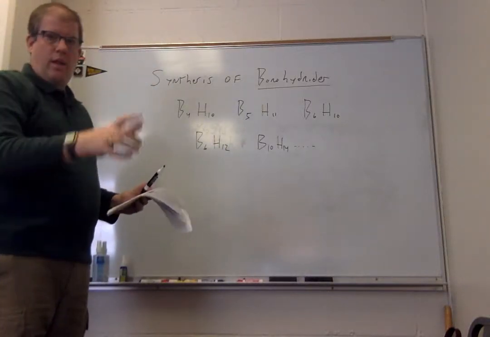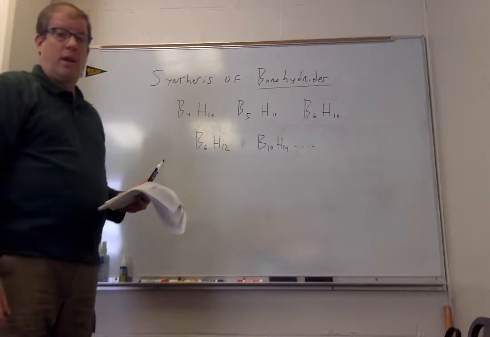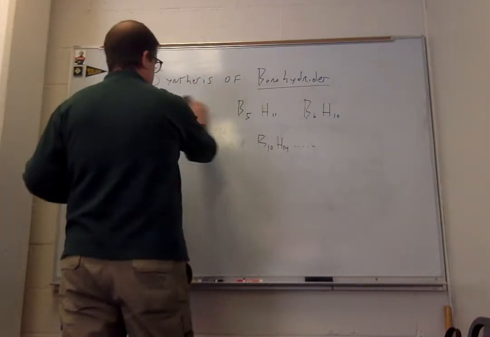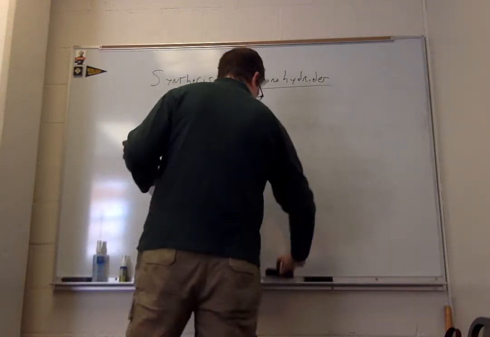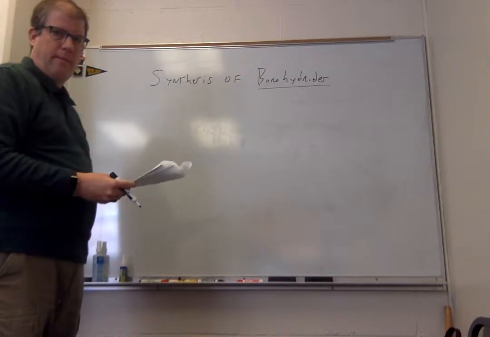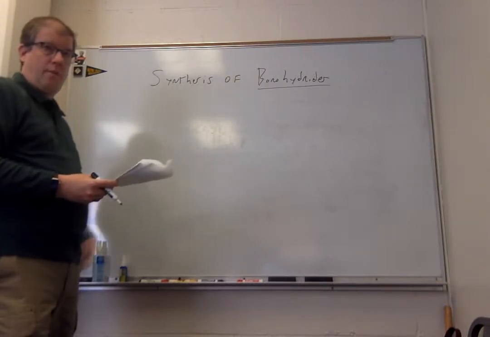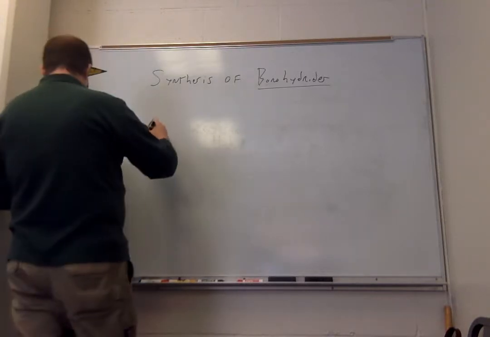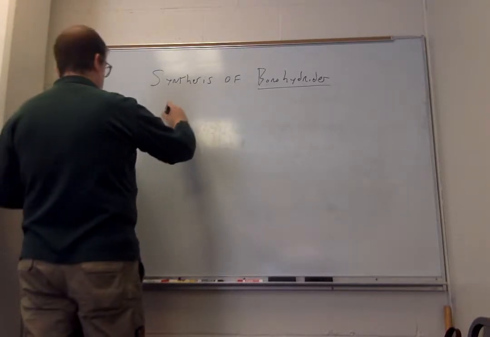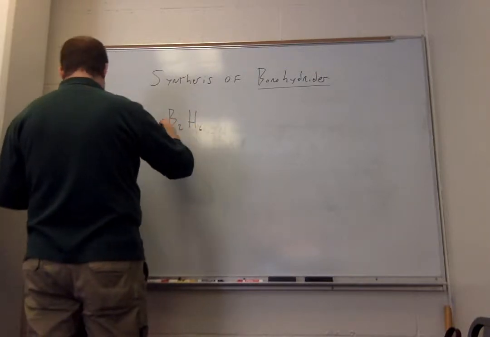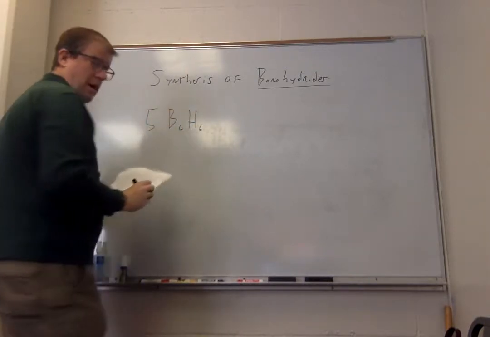Now, the "ide" at the end tells you this is probably going to be an anion. As a matter of fact, that's what it is. And so, the most stable things that you find for these will have a very specific formula. So let's look at how this is done, starting with B2H6. We need 5 of those.